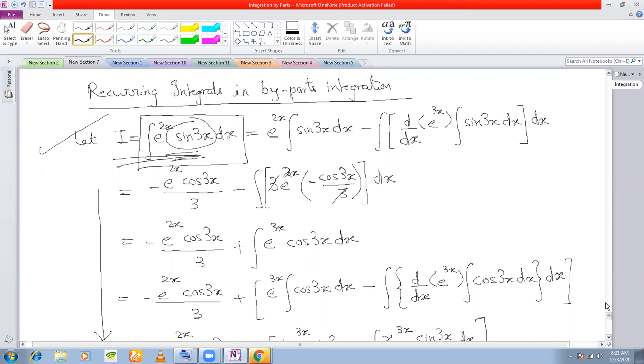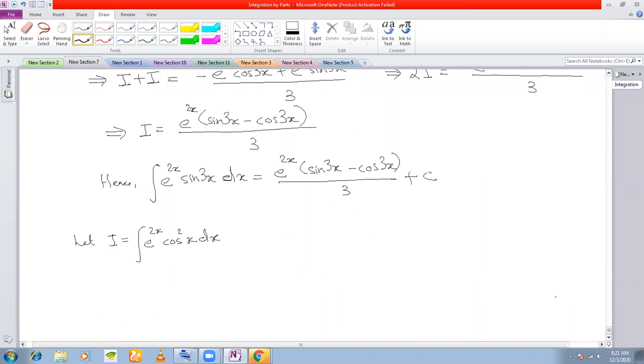So that is why from cos square x, you need to remove the square power. And how do you remove this power? With the help of your multiple angle formula. What you do is you write this as half integral e to the power of 2x times 2 cos square x dx.